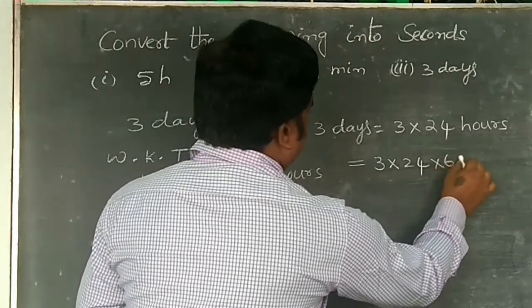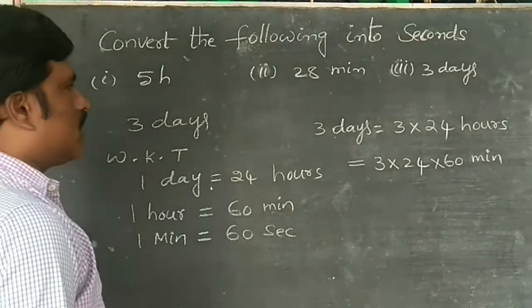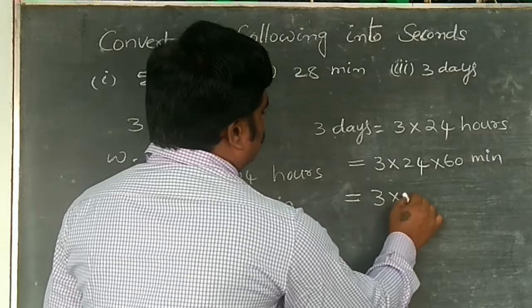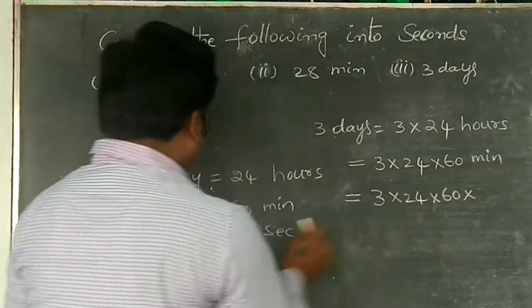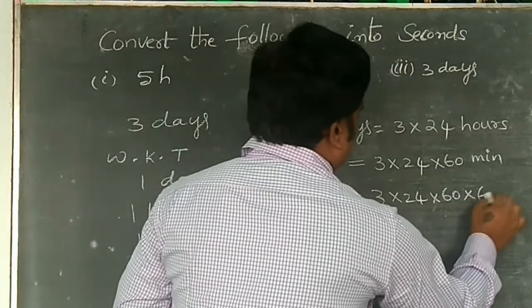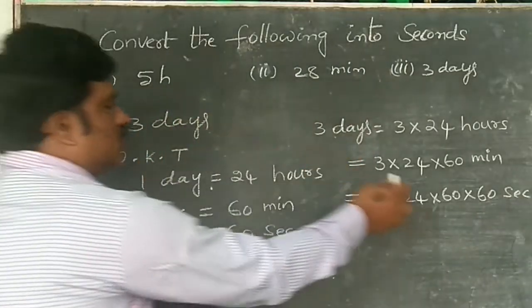So 60 minutes. So now we convert into seconds. So that is equal to 3 into 24 into 60 into, so 1 minute is equal to how much? 60 seconds. So now totally converted days into seconds.